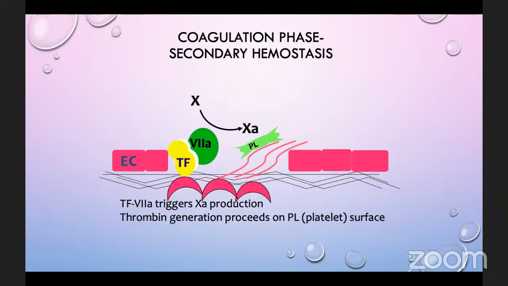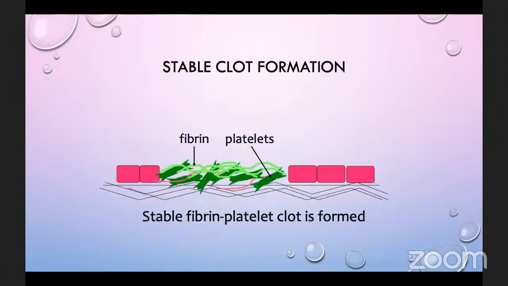You have an initial burst, and then subsequently a secondary thrombin generation that then activates your intrinsic pathway, and that's where your factor 8 and all that gets activated, and you have a stable clot formation. So during the thrombin generation, there's fibrin accumulation, and you have a really stable clot, right?